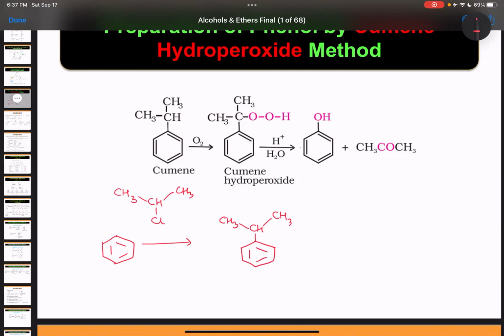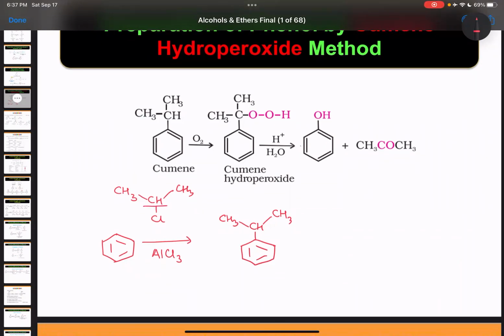What you do here is you take AlCl3. AlCl3 will abstract the Cl minus, right? Yes, sir. And once you abstract the Cl minus, you end up with a cation, and that isopropyl cation comes and joins on the benzene ring, and your H plus gets removed, right?